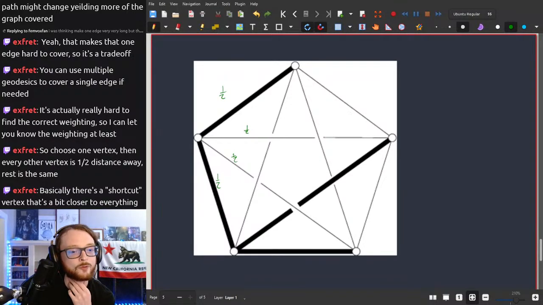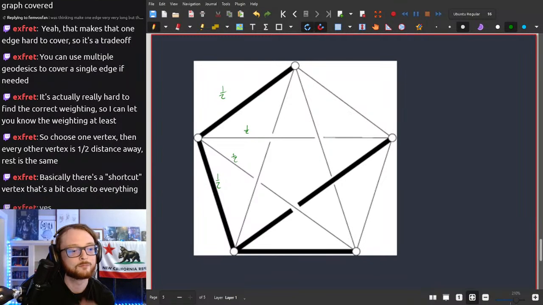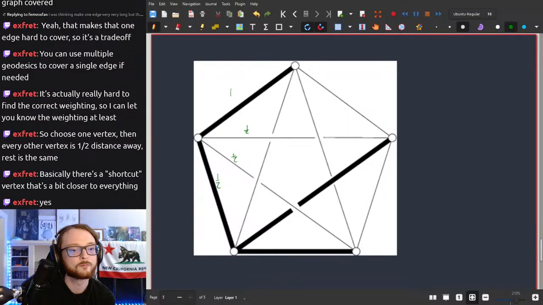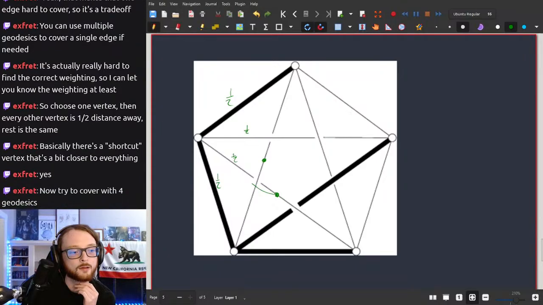There's a shortcut vertex that's a bit closer to everything. Okay, so now let's see what happens with this. Geodesic between these 2 points. Now we can get it with 4 geodesics. Okay.